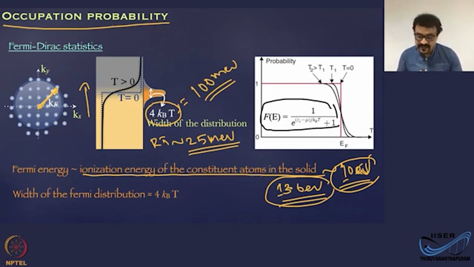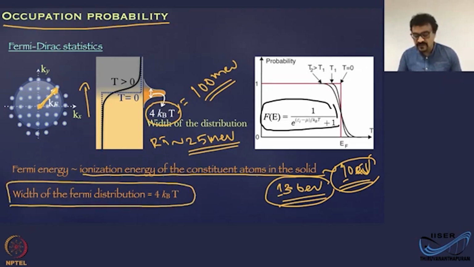So the electrons which are available for transport are the electrons on the surface of the Fermi sphere within a width of 4 kBT at a temperature T. That width is comparatively very, very small compared to the overall Fermi energy of the solid, which is 10 electron volt, whereas this is only 100 milli electron volt.